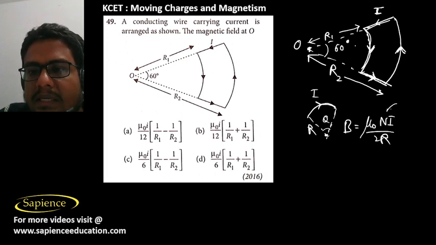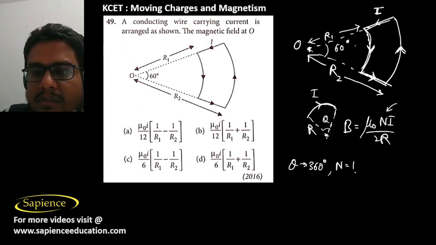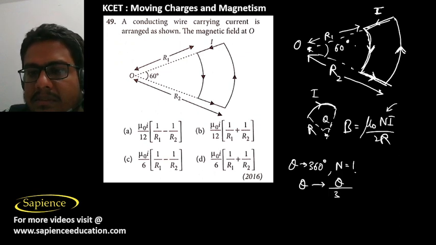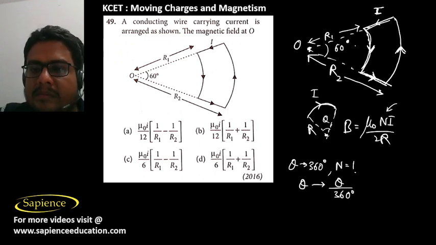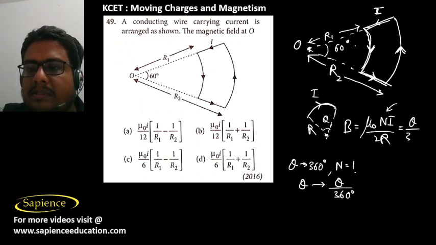Now n is the number of turns. When the angle theta is equal to 360 degree, the number of turns is 1. So when the angle is theta, the number of turns is theta by 360. So here I will use theta by 360 into mu naught I by 2r.